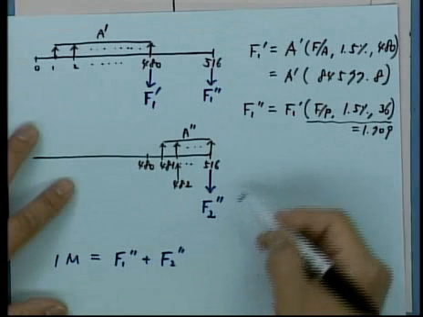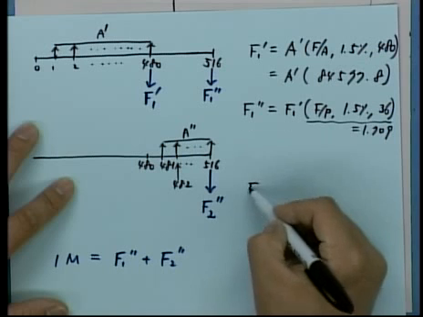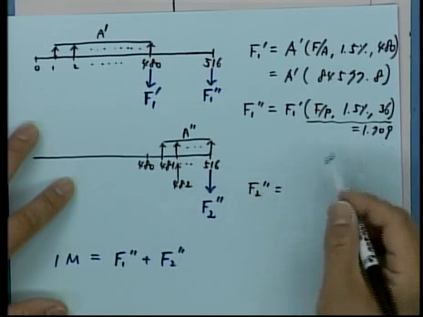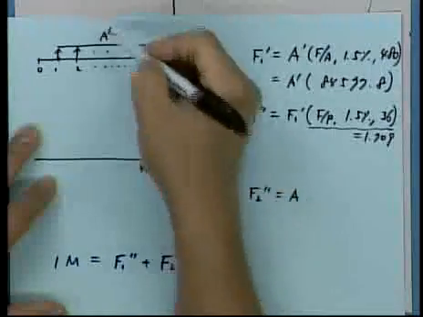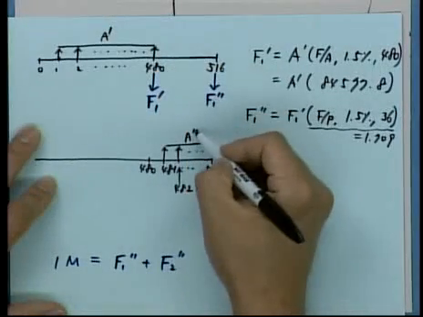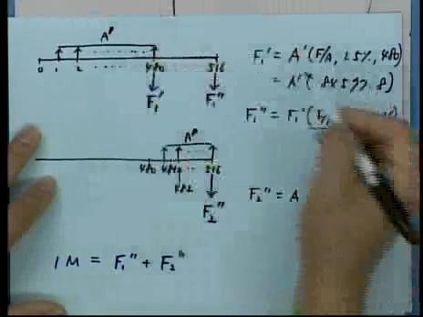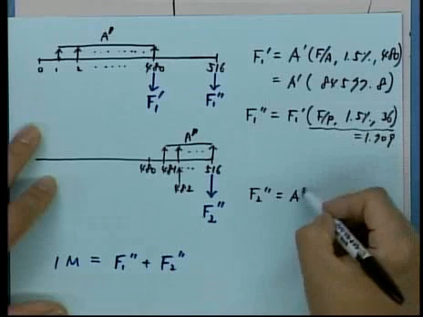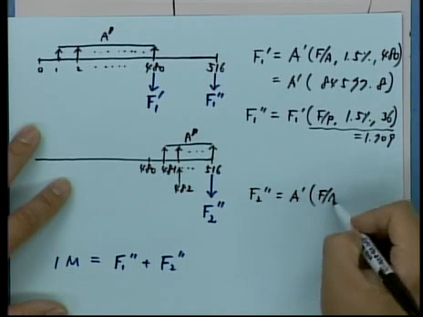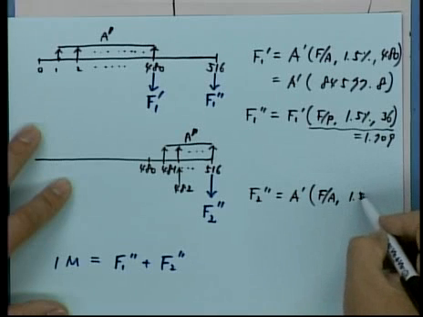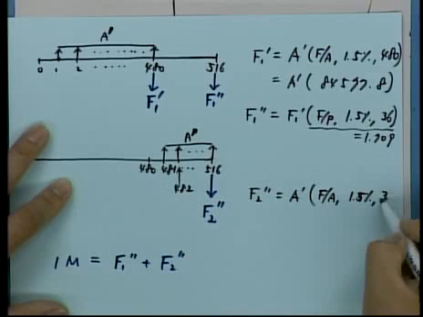Now, how do you get F2 double prime here? F2 double prime is equal to A. Actually, those A's are identical, right? So let's use A prime times F given A, 1.5% over 36 months.